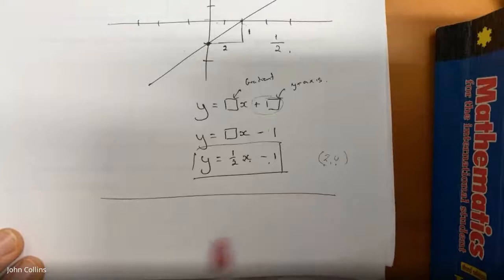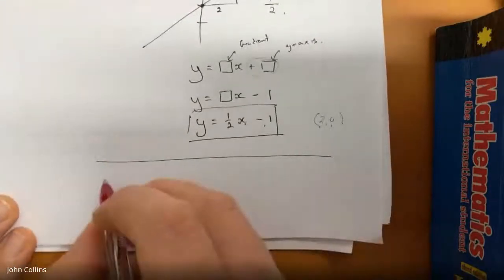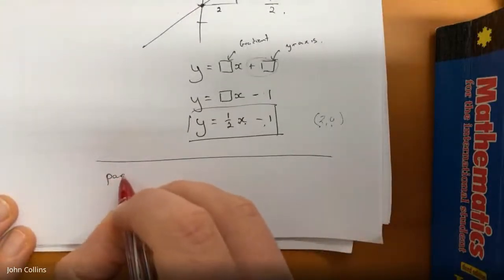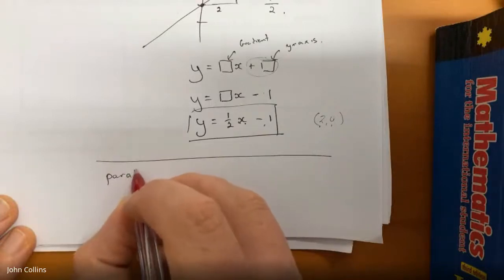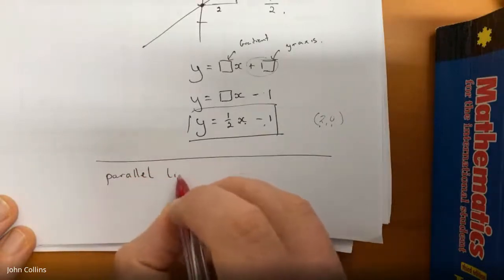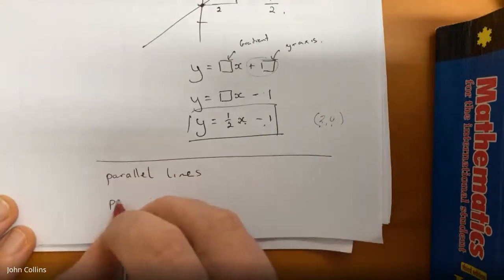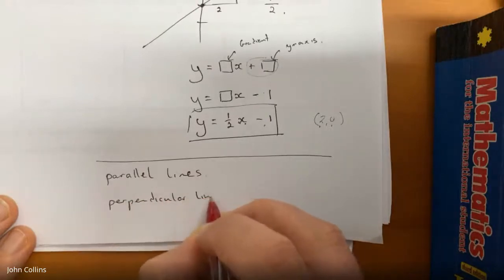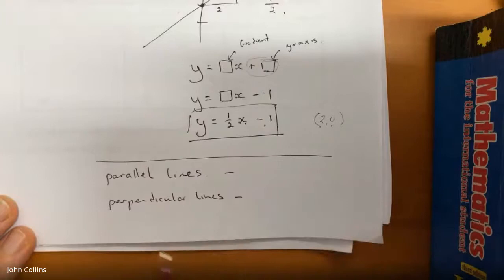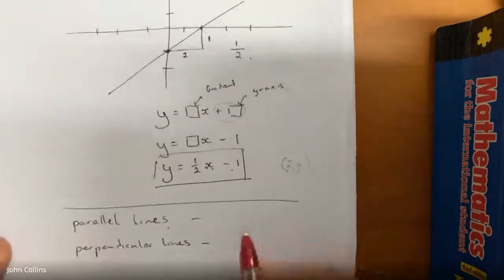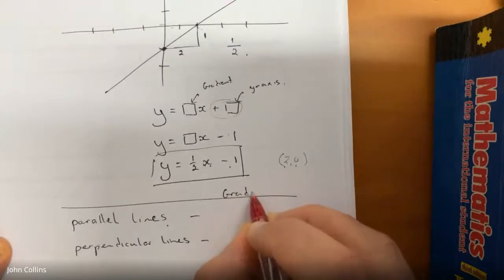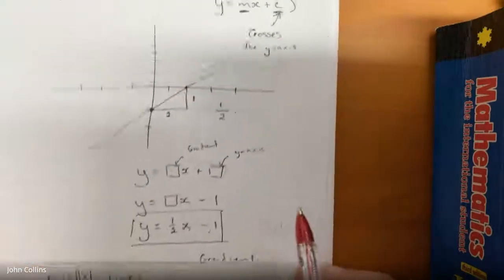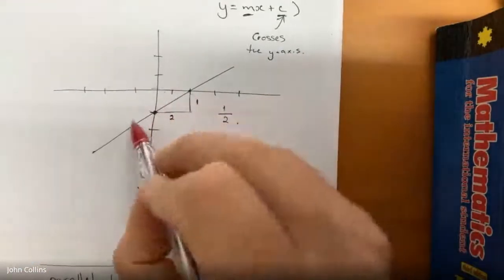Now, sometimes they talk about parallel and perpendicular lines. Parallel lines, well, let's think about that. And I'm just going to think about it from a gradient point of view. A parallel line can never meet this line.